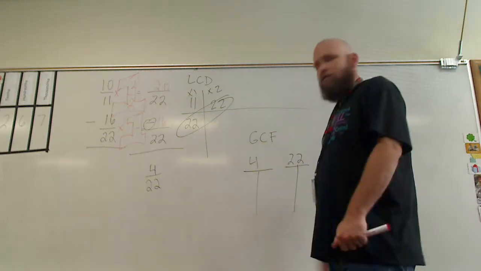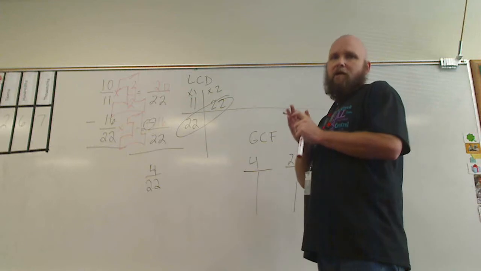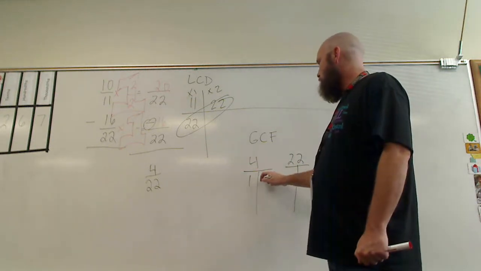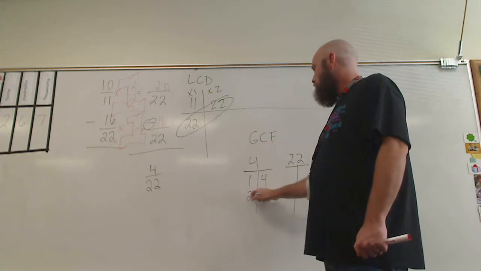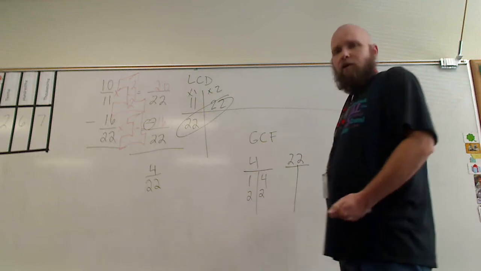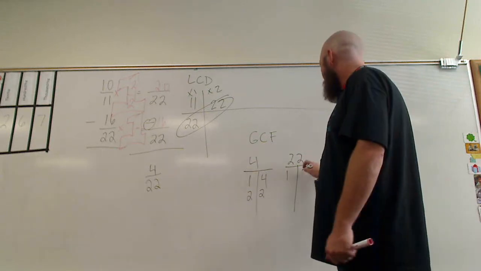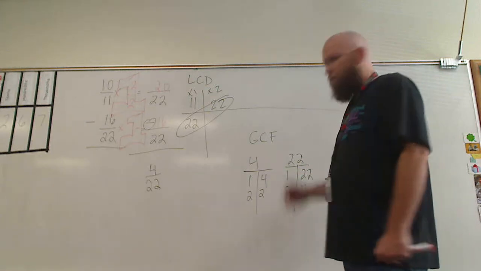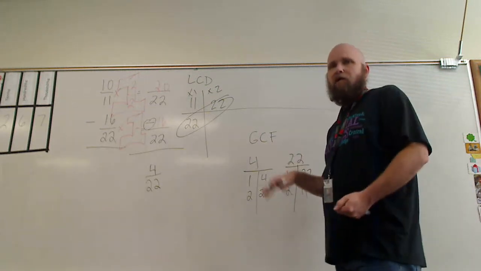The factors of 4. If I had to cut out factor arrays, you did that earlier this year, I could make a factor array that was 1 square by 4 squares or 2 squares by 2 squares. My factor arrays for 22 would be 1 times 22 and 2 times 11. Those are the only factor squares I could make to get 22.